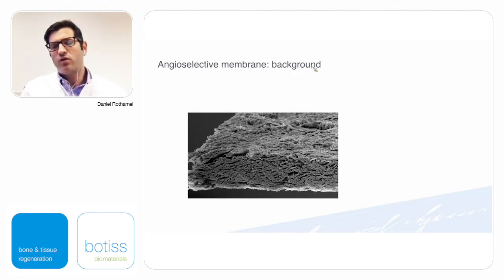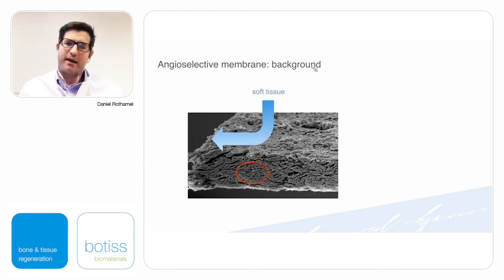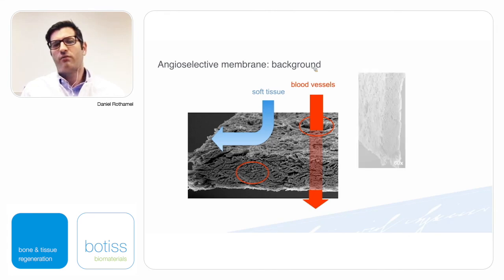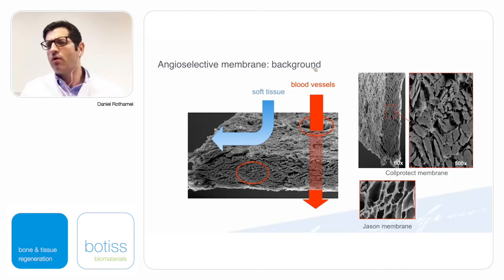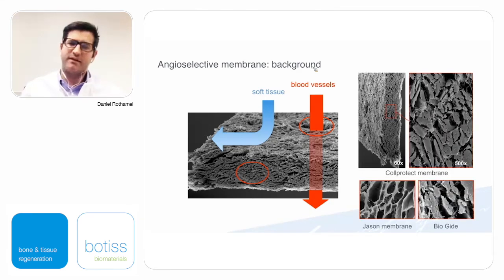Here we are using another membrane, the collprotect membrane, that provides a more compact layer to separate the soft tissue and some pores to allow for blood vessel ingrowth. It's more like the Bioguide membrane than the Jason membrane because it's a collagen that is based on a dermal donor tissue.